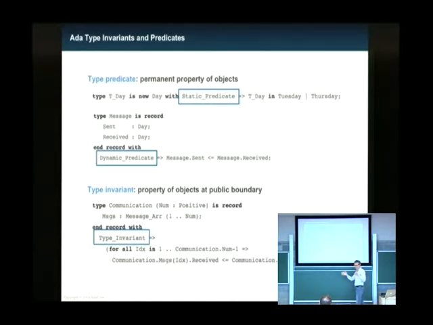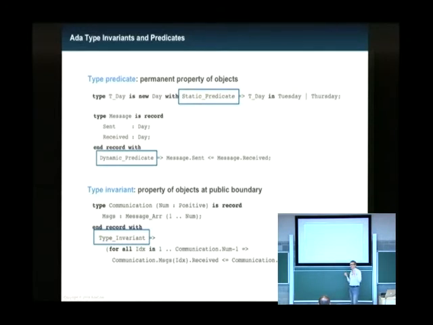You can, for example, select elements from types with type predicates. You can define some more evolved characteristics of the type. Like in this case, it represents a message, and the message comes with a date when it was sent and the date when it was received.